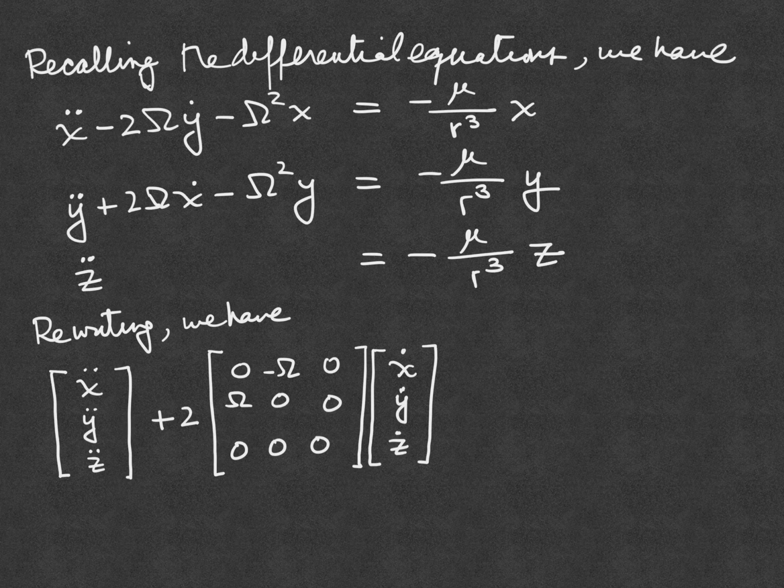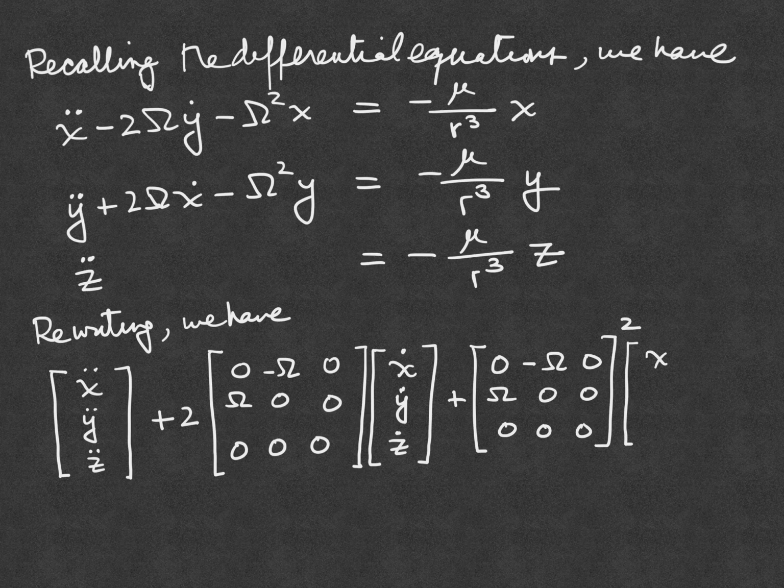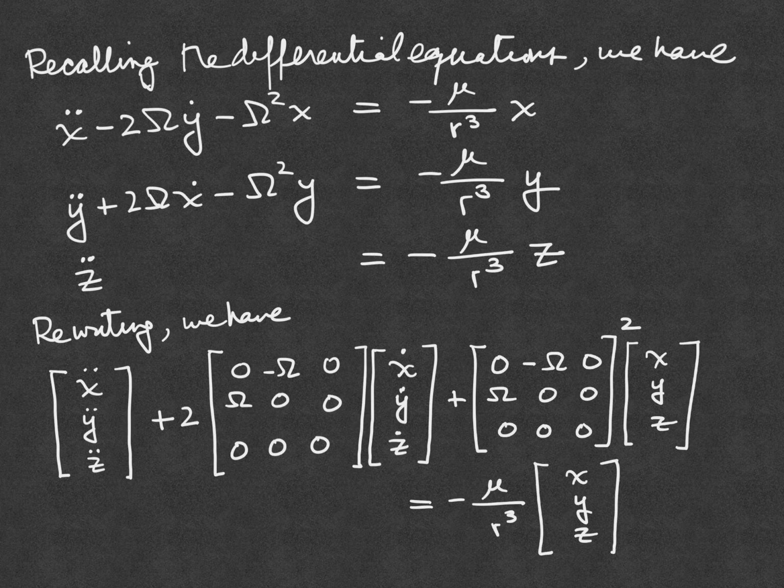And then the last one, which I'll show in just a minute, is equal to plus the matrix 0, minus omega, 0, omega, 0, 0, 0, 0, 0, the whole thing squared, times x, y, and z, which is equal to minus mu over r cubed times x, y, and z.